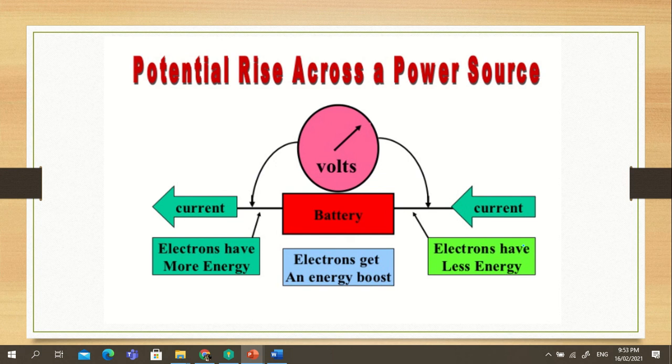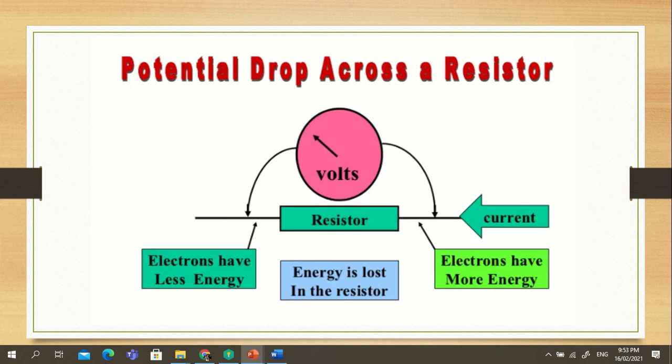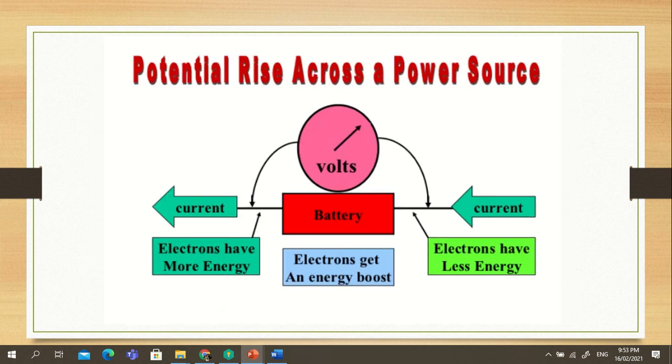Current, so electrons have less energy. When the electrons go back, the current here will be less. So the reason is that here originally the voltage is higher, and then since the load already consumed, because there will be load here, there will be resistance here, so some of the energy or the current is consumed or dissipated in the resistance, perhaps the internal resistance of this voltmeter.